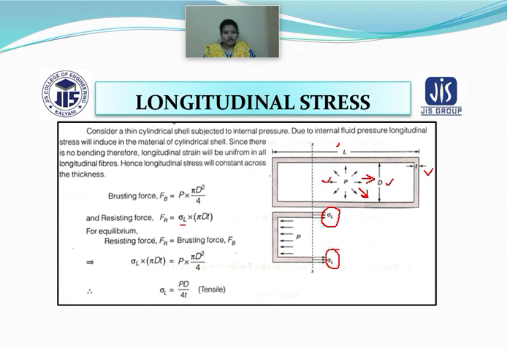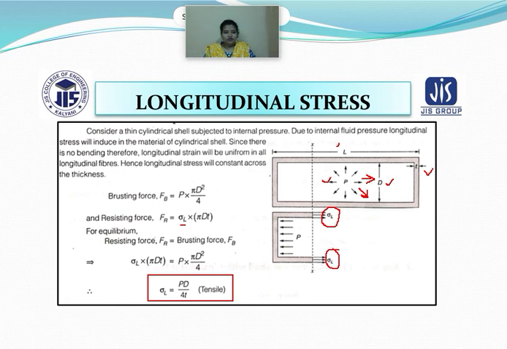So the bursting force is P into pi by 4 D square, and the resisting force is sigma L into pi into D into T. If I ask you the value of sigma L, the longitudinal stress, then obviously your answer will be sigma L equal to P into D by 4T. Again I am repeating, the longitudinal stress is determined by P into D by 4T.